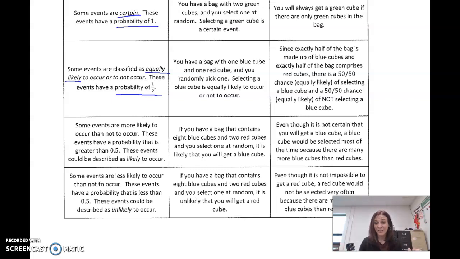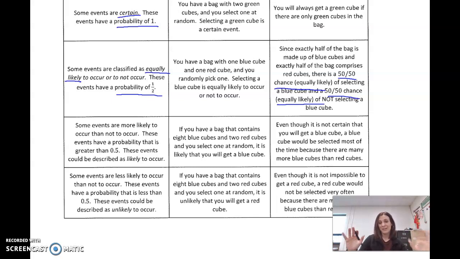Since the bag is half blue cubes and half red cubes, there's a 50-50 chance of selecting a blue cube, and a 50-50 chance of not selecting a blue cube. So you can think of it that way too. Okay, that's the middle.